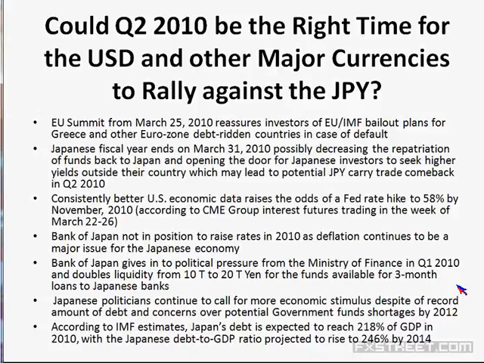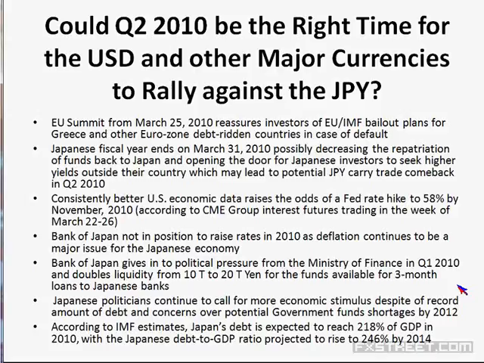We don't get to hear that in the news wires a whole lot, but the problems are definitely there. According to the International Monetary Fund estimate, Japan's debt is expected to reach 218% of the gross domestic product in 2010, with the Japanese debt to GDP ratio projected to rise to 246% by 2014.